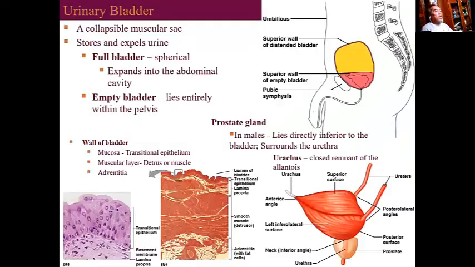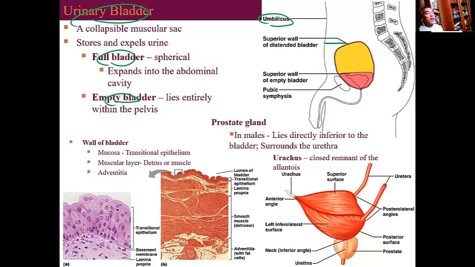All right, so now let's take a look at the bladder. We just finished with the ureter. Now, take a look at the difference between a full bladder and an empty bladder. The full bladder can expand into the abdominal cavity halfway to the belly button. So that's how enlarged the bladder can be.